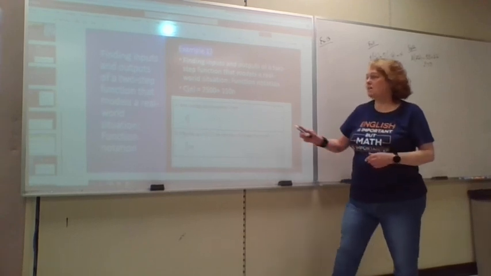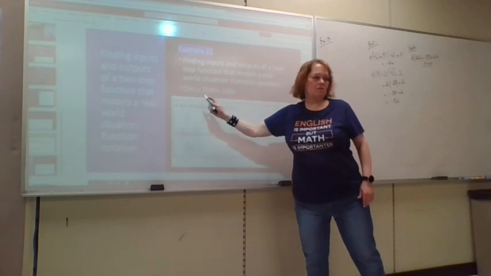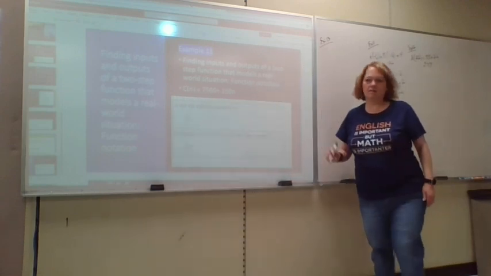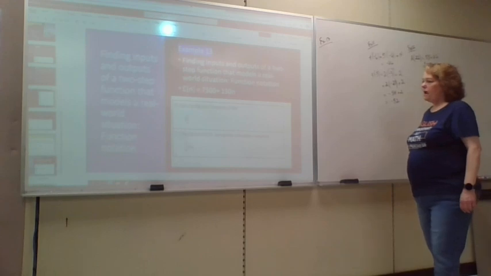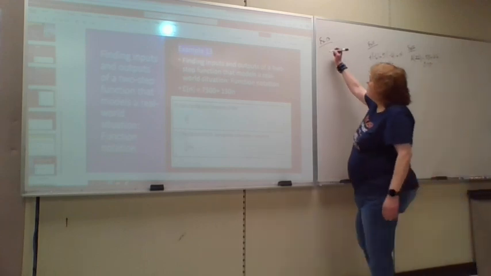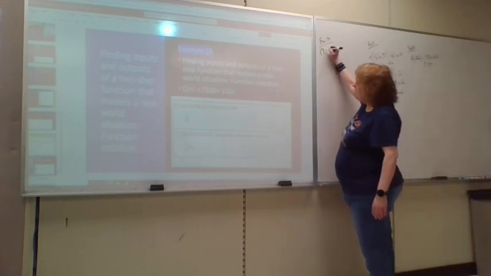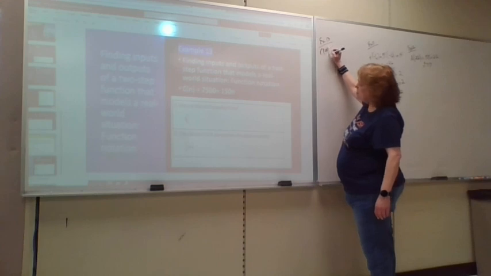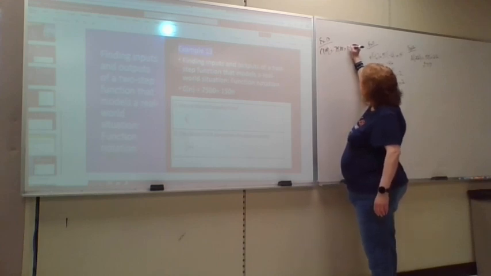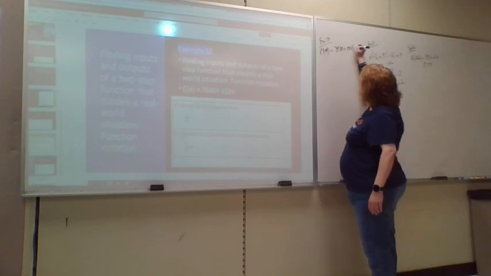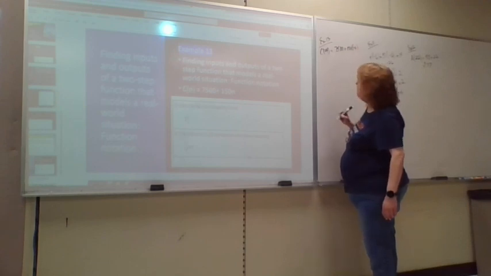It would be the C because it's cost, right? So we have C of 14 equals 7,500 plus 150 times 14, right?